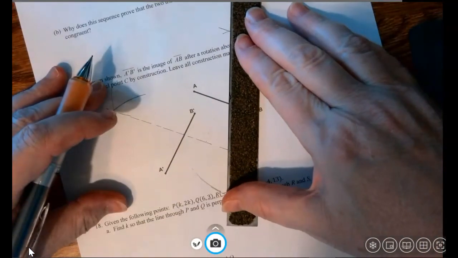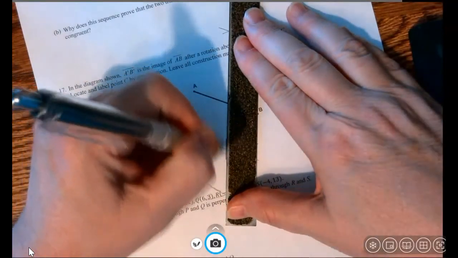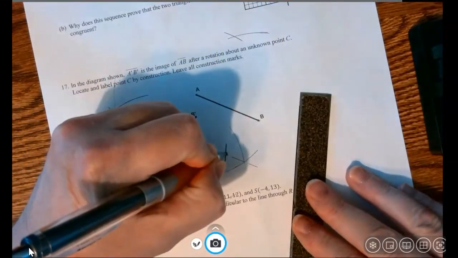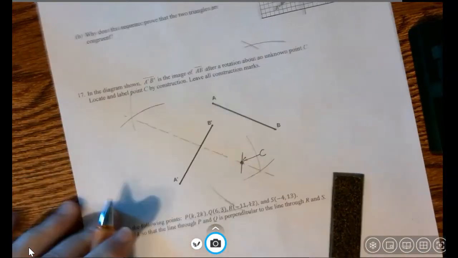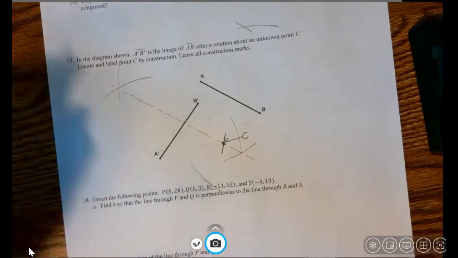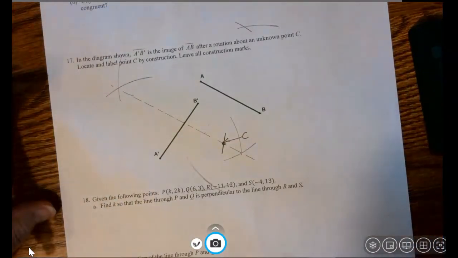So here we go. So this is the perpendicular bisector of B prime. So I actually only need this right here. So that is point C right there. So again, it is the intersection of the perpendicular bisectors of any two pairs of corresponding points. I think that's it for that page.